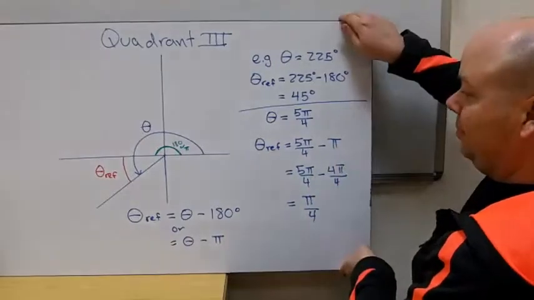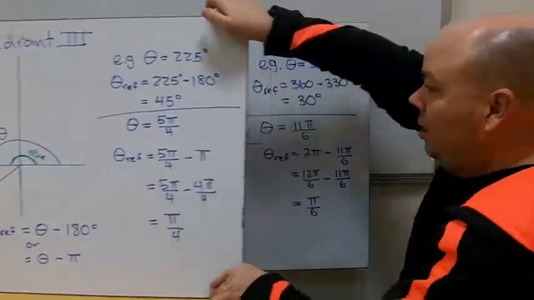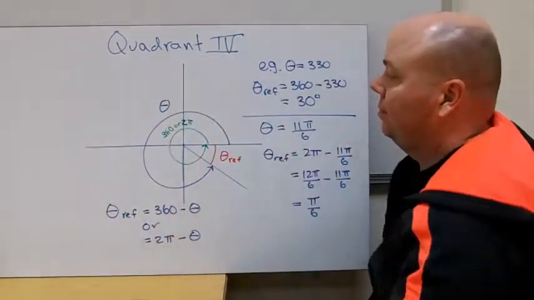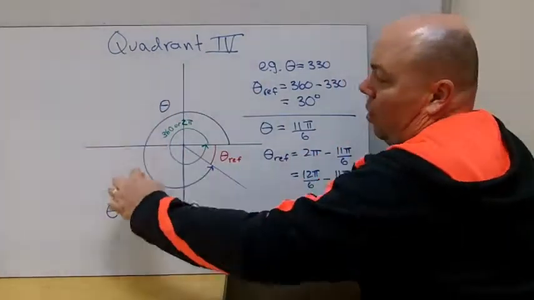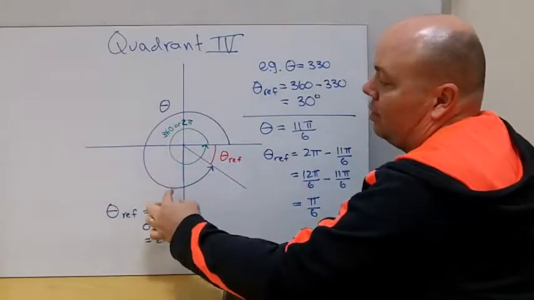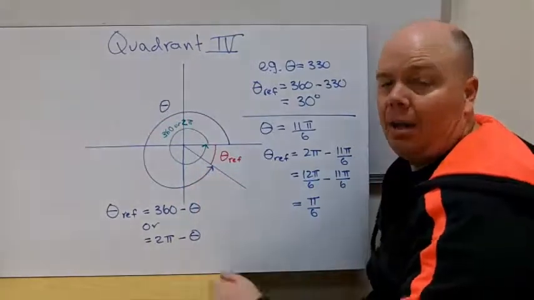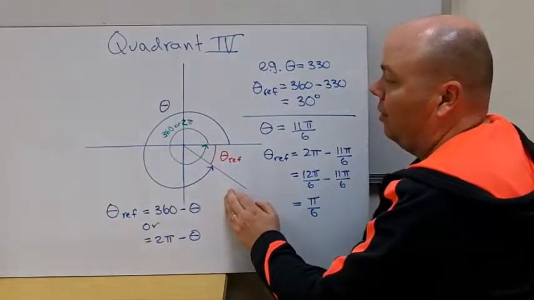One more time. Quadrant 4. So now I'm all the way over here. This blue angle represents the whole angle that I'm at. I'm way over here in the fourth quadrant.